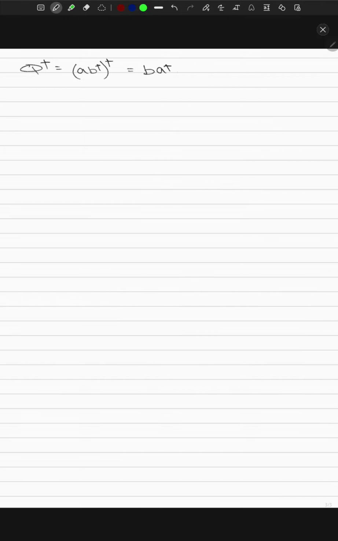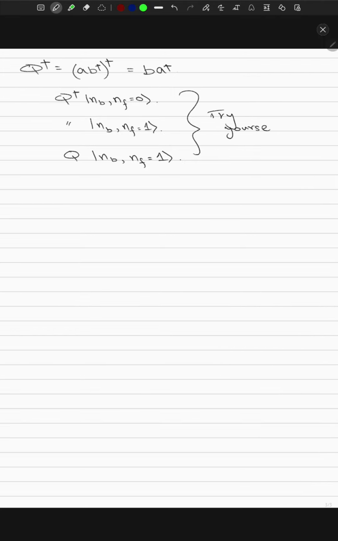Now, it would be a nice task for you to compute the action of Q dagger on NB, NF equals 0, and Q dagger on NB, NF equals 1, right? And then you can also check what Q does to NB and NF equals 1. So you can try this yourself and see what the result is.